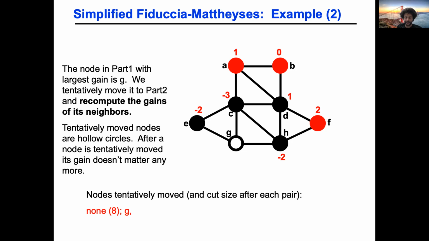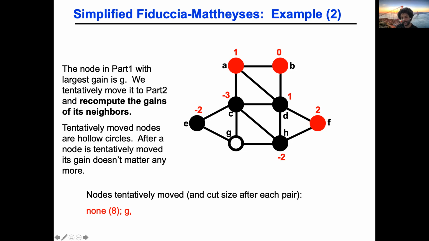Well, luckily in the FM heuristic, we can actually do this update only by looking at the neighbors of G. So this neighborhood structure update, meaning don't look at every vertex, because the only things that can actually get affected by moving G to the other part are G's neighbors, is what gives this algorithm order E per iteration time.